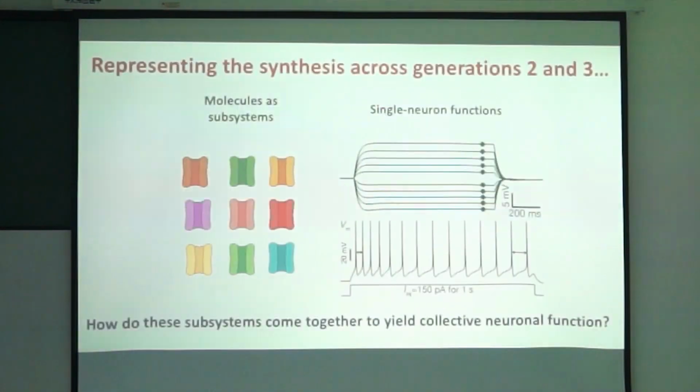So the fundamental question that was asked at the beginning of this was that there are several different molecules that are acting as subsystems, which we saw were ion channels. There are other things like pumps and transporters, and there are specific functions of single neurons in terms of input resistance or firing rate and things like that.